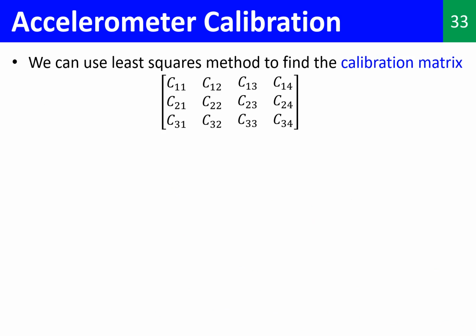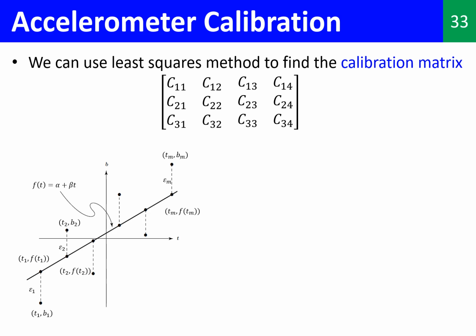So how do we find this calibration matrix? That is where the least squares method comes in. It is just a matter of putting our system into the form A transpose A X equals A transpose B. The parameters that we need to find are inside this X, and we want to identify the matrices A and B, so they will come from the input and the output.